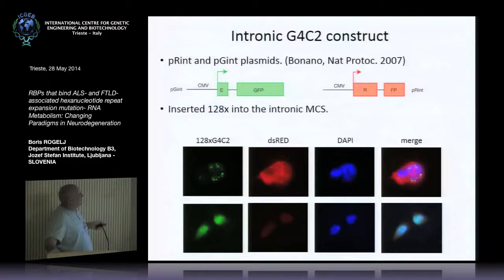So it's basically EGFP or RFP which have an intron inserted in the middle of the reading frame, and there is a small multiple cloning site which we expanded, and right now we have a 128 repeat that shows RNA foci formation. The cells that have the repeat are red because that means that it's spliced out. The intron remains in the nucleus, and the DsRed is translated in the cytoplasm.